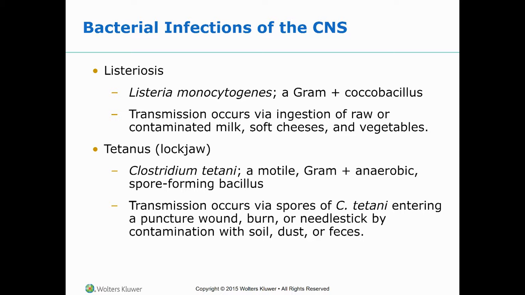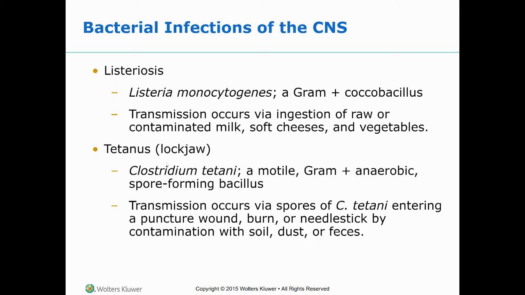Now, when it comes to the central nervous system, the big one here is going to be Clostridium tetani. This is a gram-positive bacillus. This is the one that can also form spores, and it's found in dirt, like really, really dirty areas. It doesn't like oxygen. It's very anaerobic, and it's considered lockjaw.